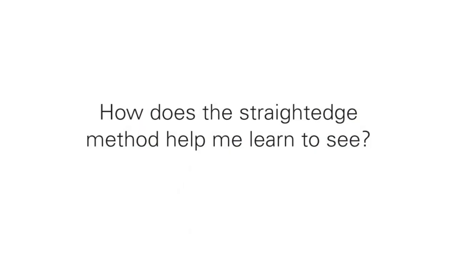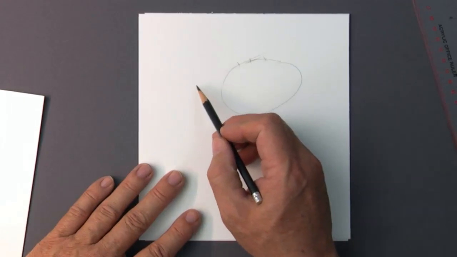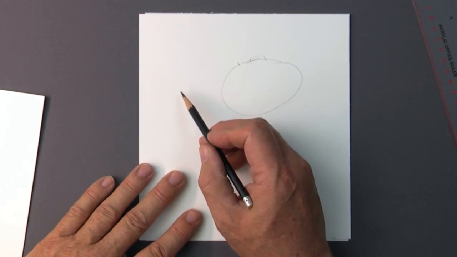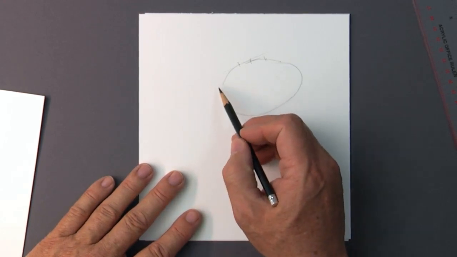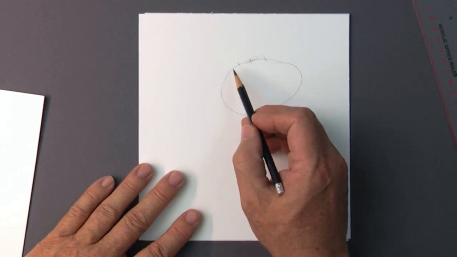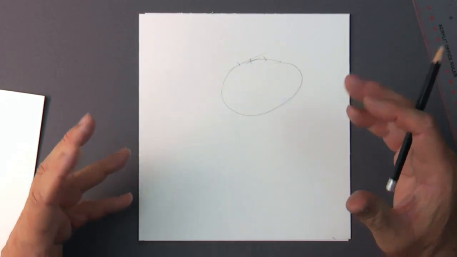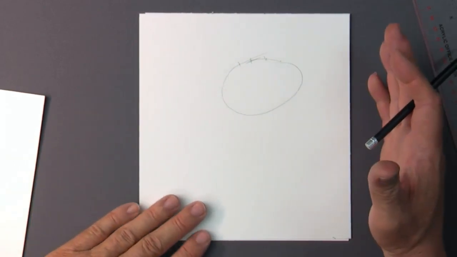And how does the straight edge method help me learn to see? It's because we have to keep seeing the angles and how it lines up with something else. And I just think it's extremely valuable. We start thinking in contrast of straight edges and curves, and we start seeing these differences and capturing them. And we start thinking about clean edges and contours and all kinds of things.